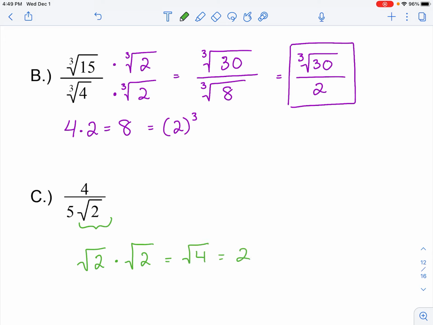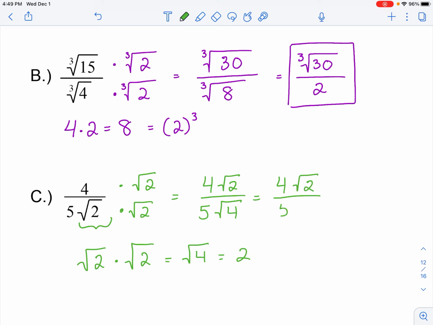So I'm going to multiply by the square root of 2 over the square root of 2. Now that's going to give me up top 4 square root of 2. The bottom is going to give me 5 square root of 4. We know what the square root of 4 is, so I really have 4 square root of 2 over 10.